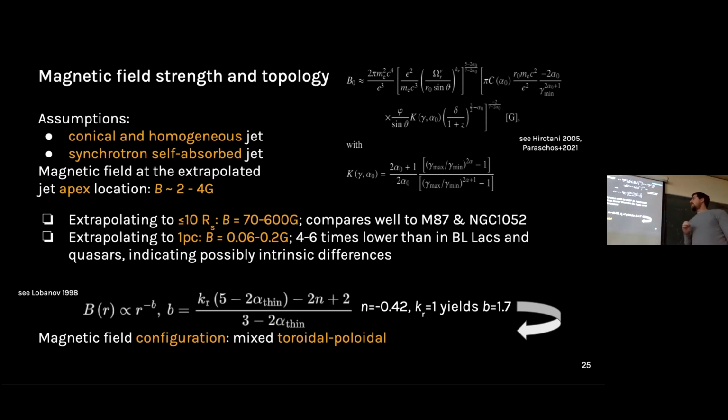And this 0.42 is a measurement that we get from the literature measuring the opening of the jet width. And with our analysis this yields a power law index for the magnetic field equal to 1.7, which points to a mixed configuration between a toroidal and a poloidal magnetic field.